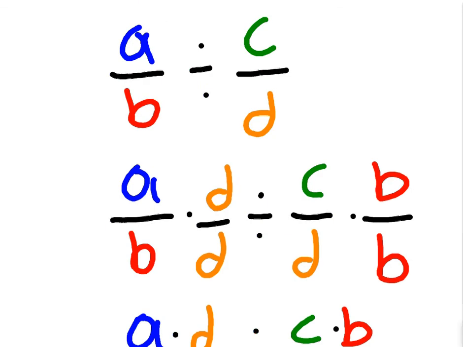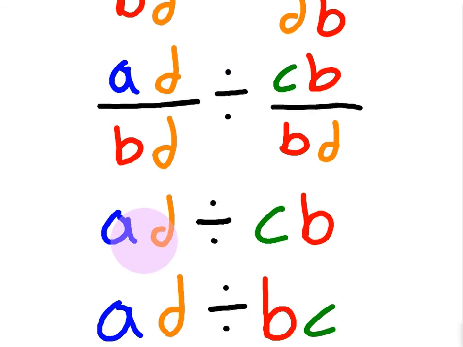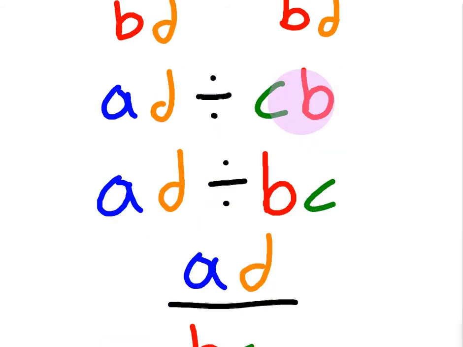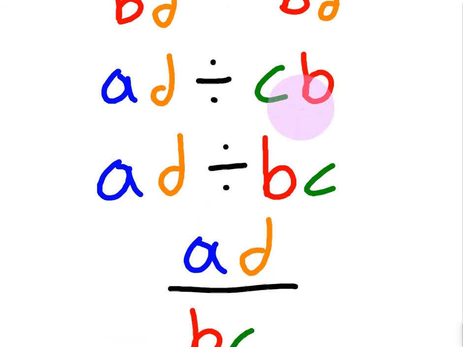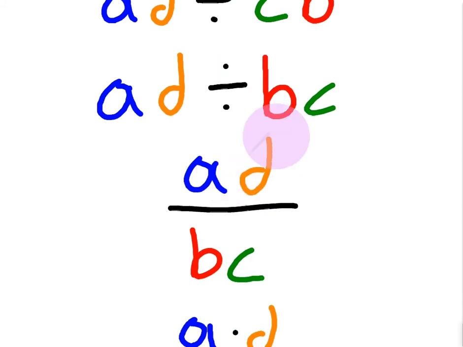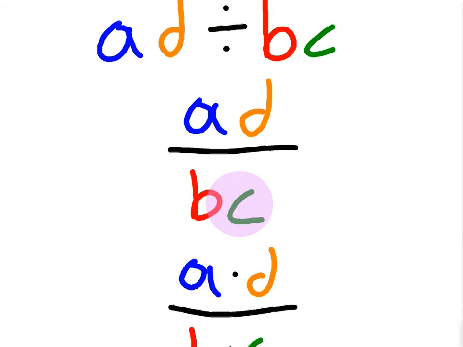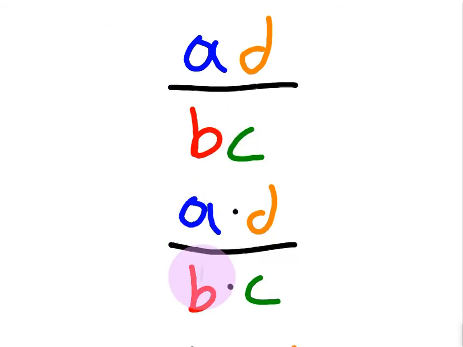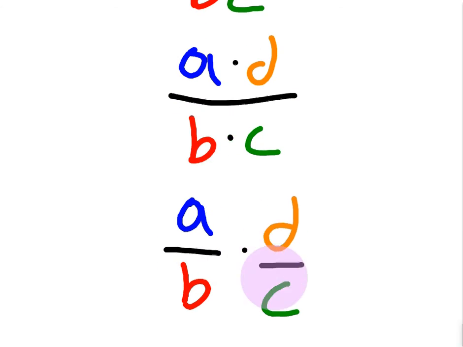Okay, so now we can divide by the numerators. But CB is just BC because the multiplication order doesn't matter. So now we have AD divided by BC written in a different way. Then we can resplit the fractions up. So we will actually have A over B times D over C. And that's it.